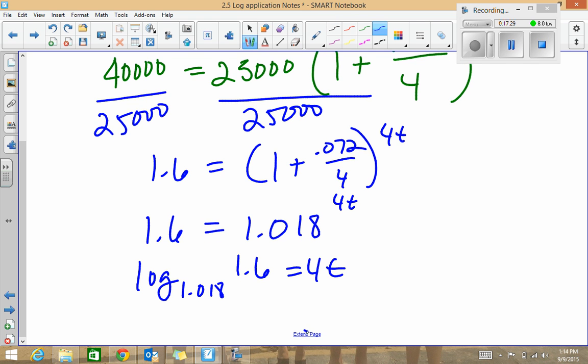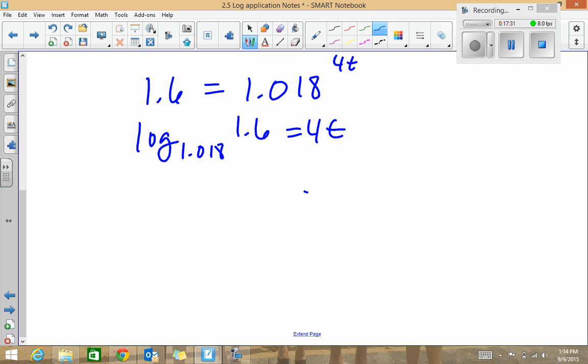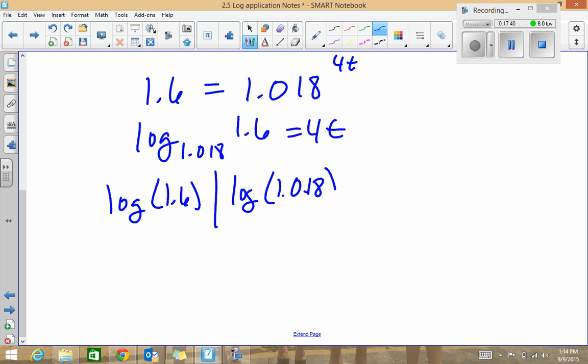And if we convert this to a value first, we're going to say log tall divided by log small. So we plug that into our calculator. And we get 26.346 equals 4t.